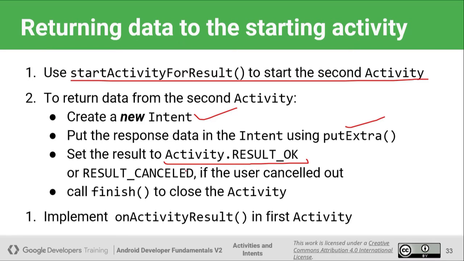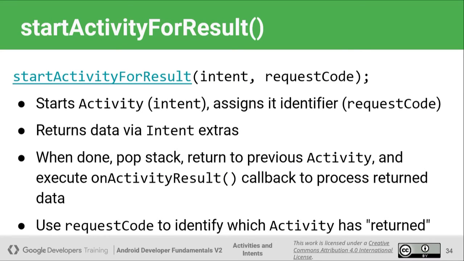So implement onActivityResult in the first activity class. We need to implement this function in our first activity class. StartActivityForResult takes an intent object and the request code. It assigns the intent an identifier, the request code, this one, and returns data via intent extras. It will always return data via intent extras.